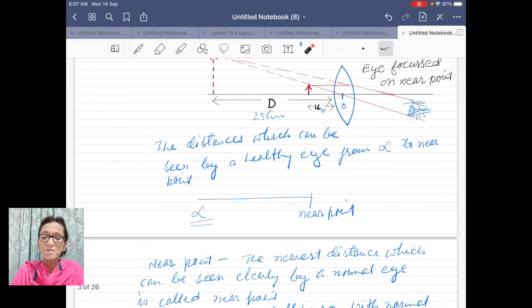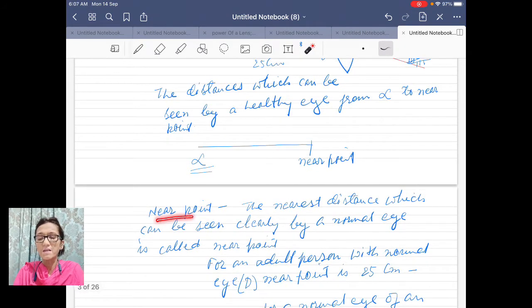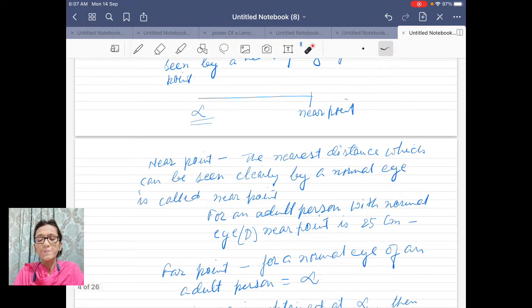This smallest distance which can be seen clearly, 25 centimeter from our eye, is called the near point. So what is the near point? The near point is the nearest distance from our eye which can be seen clearly. For a healthy person with a normal eye, this near point is 25 centimeter.